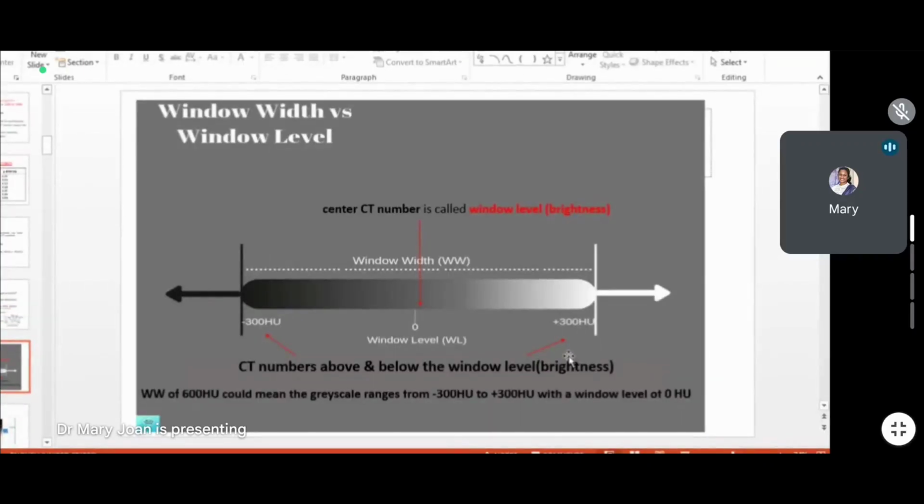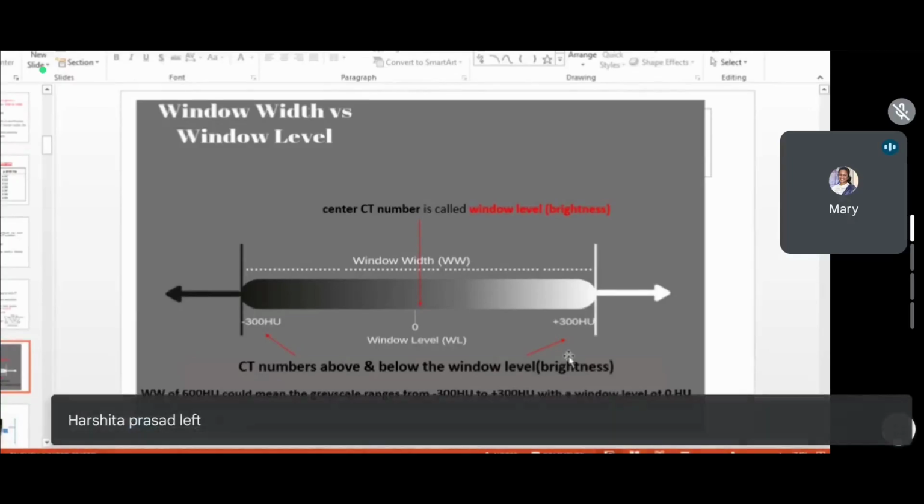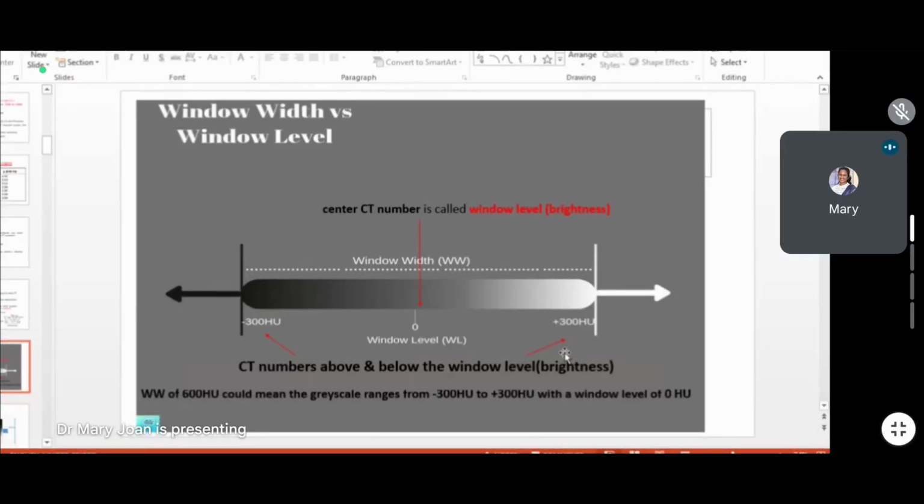So here is another representation of window width versus window level. The center CT number is called the window level, and here you can see window level 0 is the center of the CT numbers which we selected, with plus 300 and minus 300.